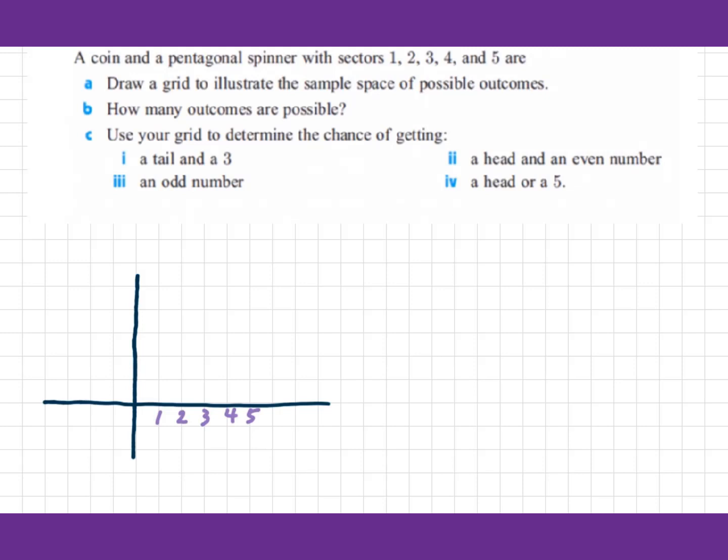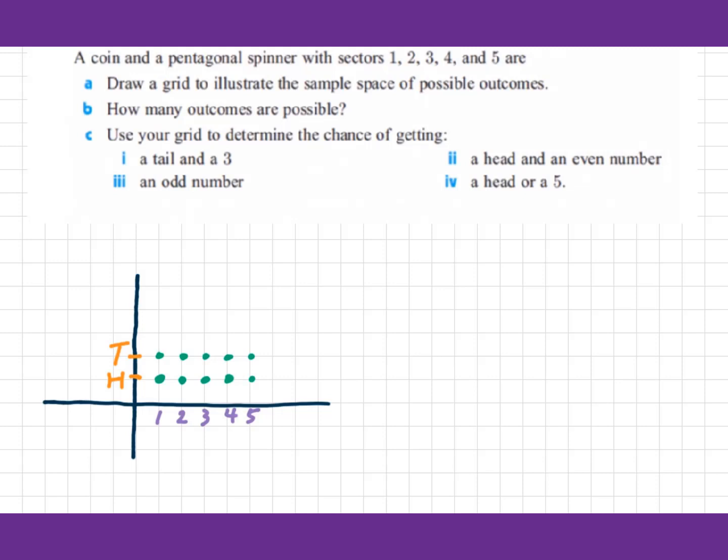For a coin, has two options, either head or tail. So I do head, tail. Then get the intersection. 1, 2, 3, 4, 5, 6, 7, 8, 9, 10. We call this a two-dimensional grid.